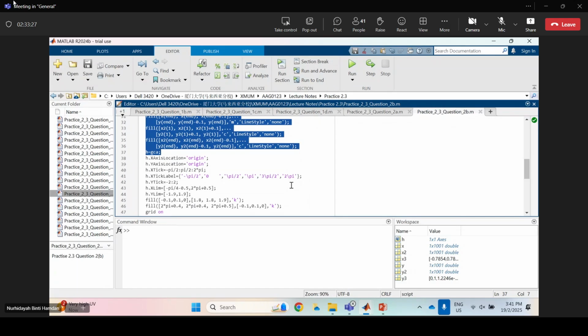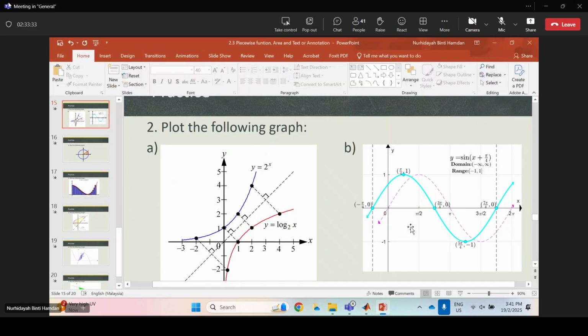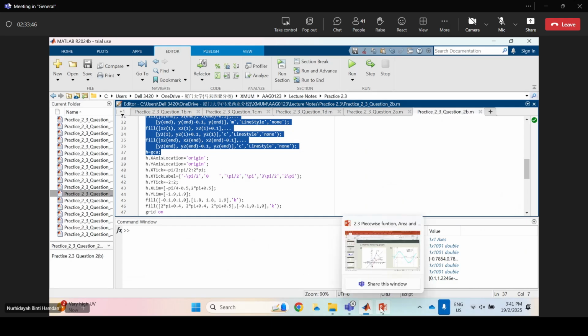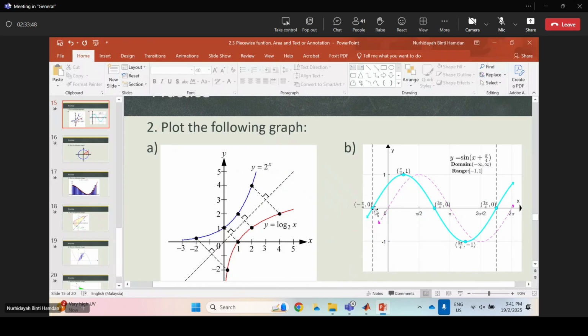Okay, and after that, I do X location, Y location, and origin, because you see all the axes are at the origin. For the ticks, I use xticks and xtick labels.